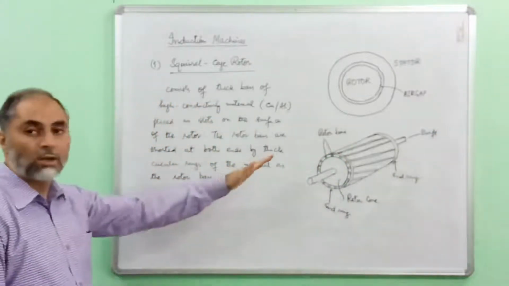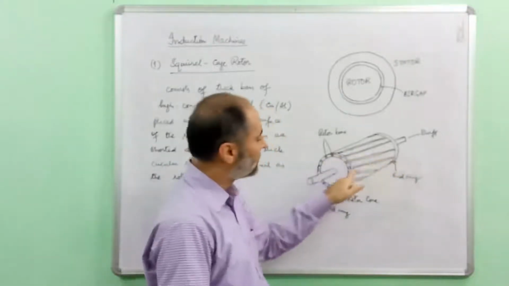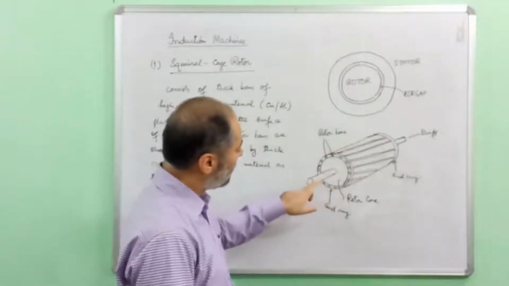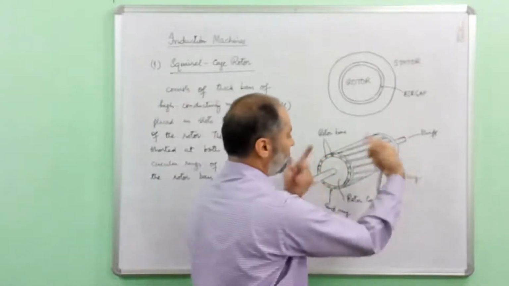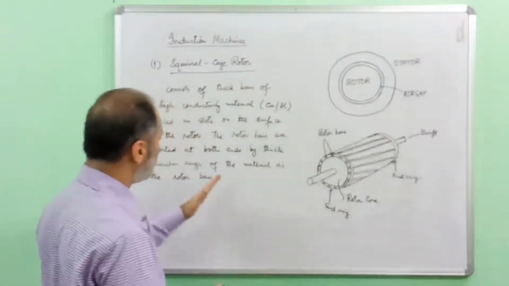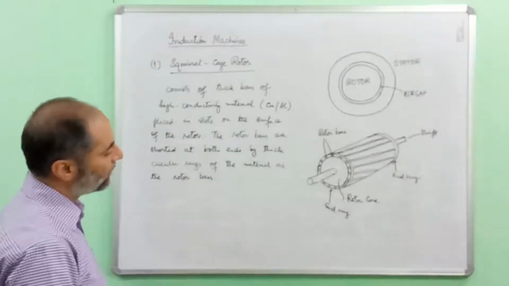So this winding consists of thick bars of conducting material which are placed in slots on the surface of the rotor, and then the bars are shorted at two ends by thick circular rings of the same material as the rotor bars.